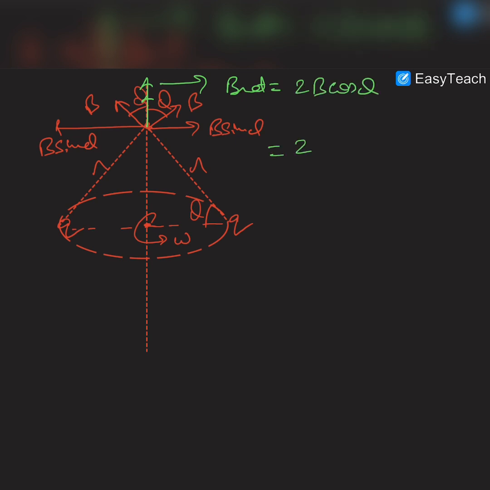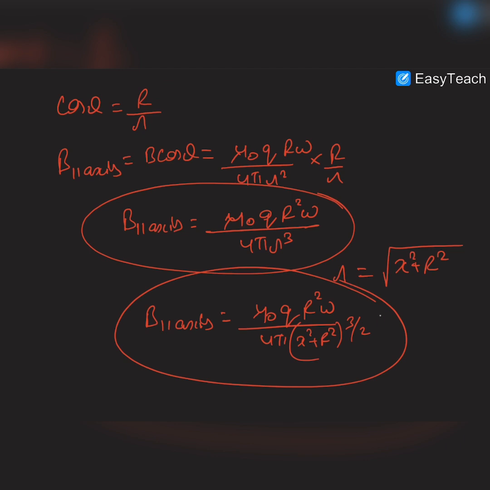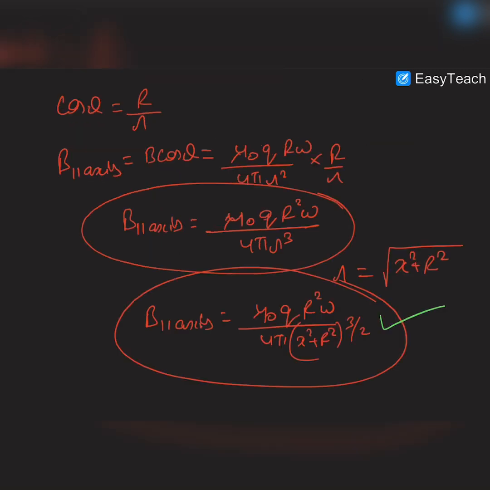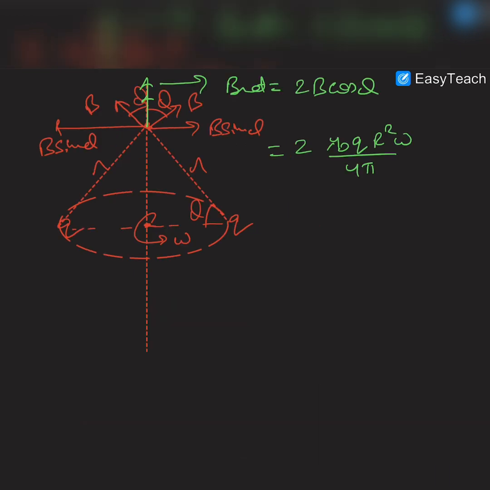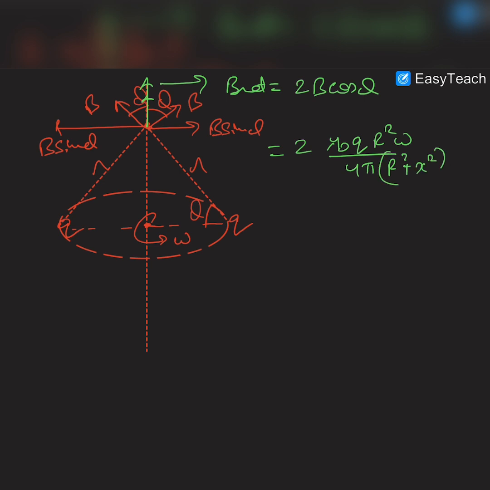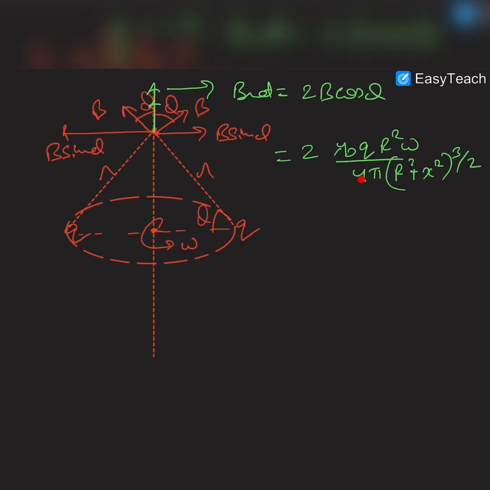Now single B cos theta was this one, which is mu naught q r square omega by 4 pi, and here it would be r square plus x square to the power 3 by 2. If we cancel out this 2 with this 4, then there will be 2 in the denominator. So this will be the net magnetic field due to both of them.